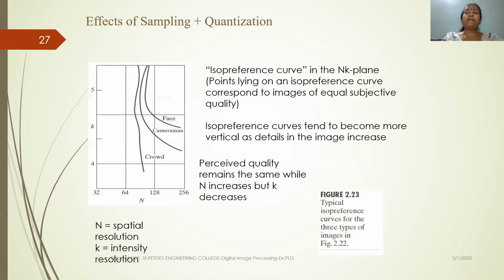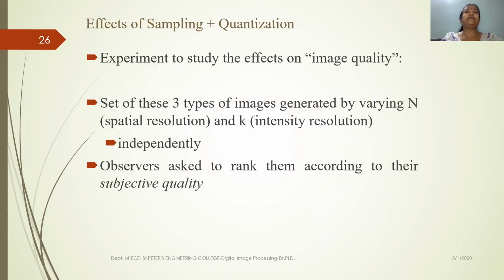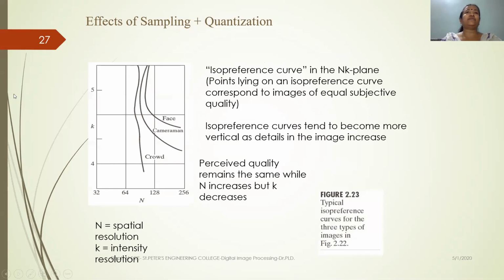Based on subjective quality, they have evaluated these curves, which are called isopreference curves, with varying n and varying k. N means the number of dots per inch, or number of dots per unit, and k means the number of bits per pixel.